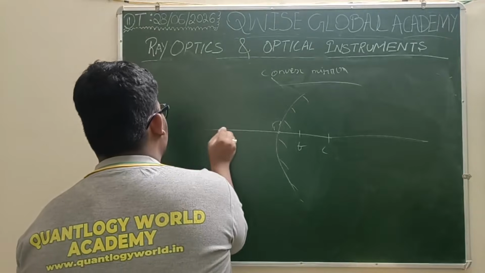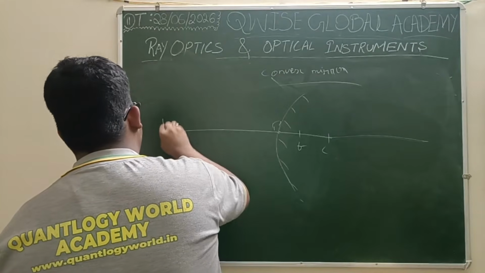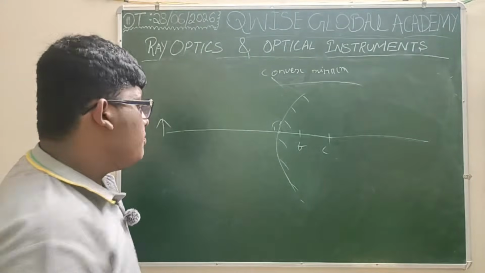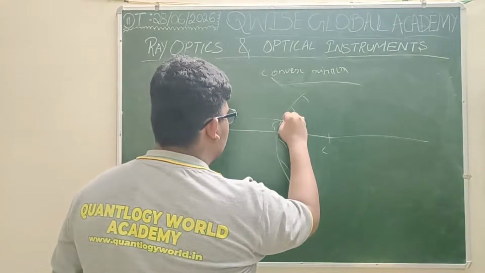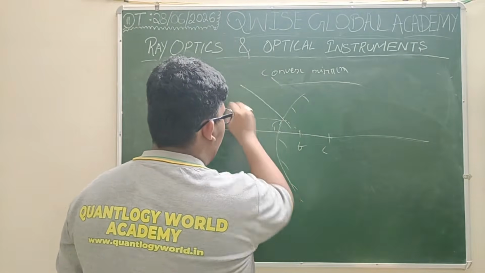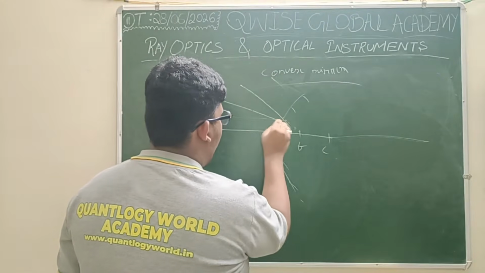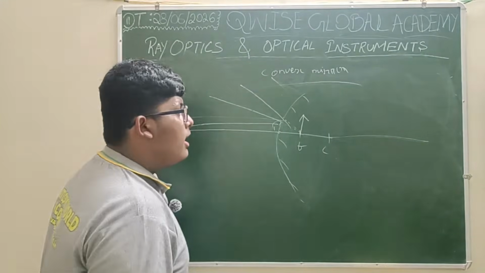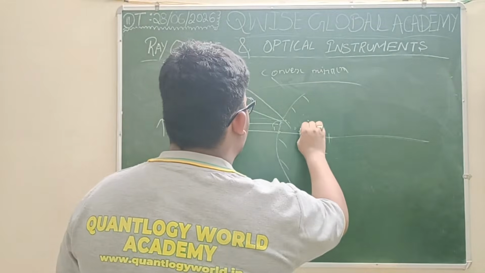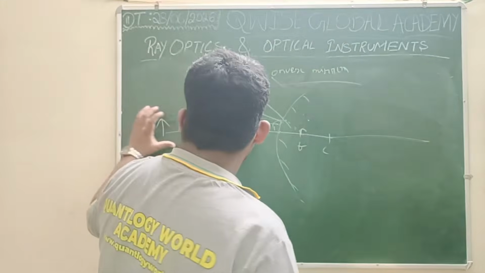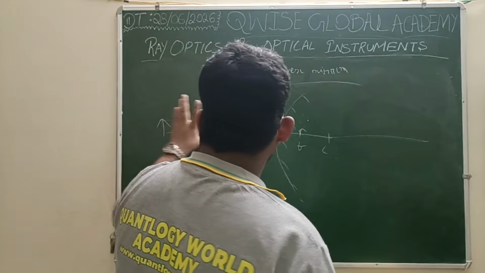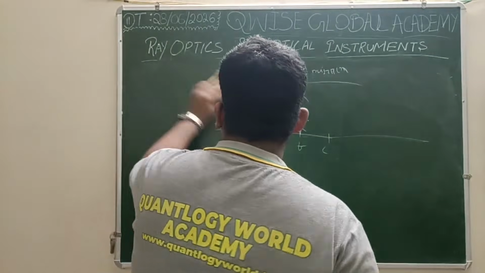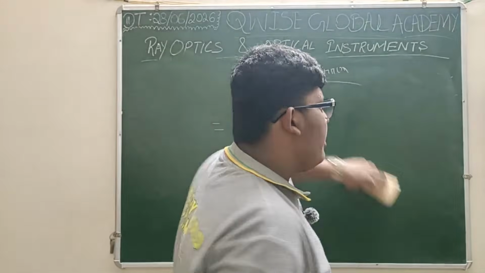When the object is at infinity, the image will be formed at F. Light falls, reflects back, the image will be formed here, and the image is virtual, erect and diminished, smaller than the size of the object. In convex mirror, in both the cases, the image formation is virtual, erect and diminished. This is the first case, when the object was at infinity.